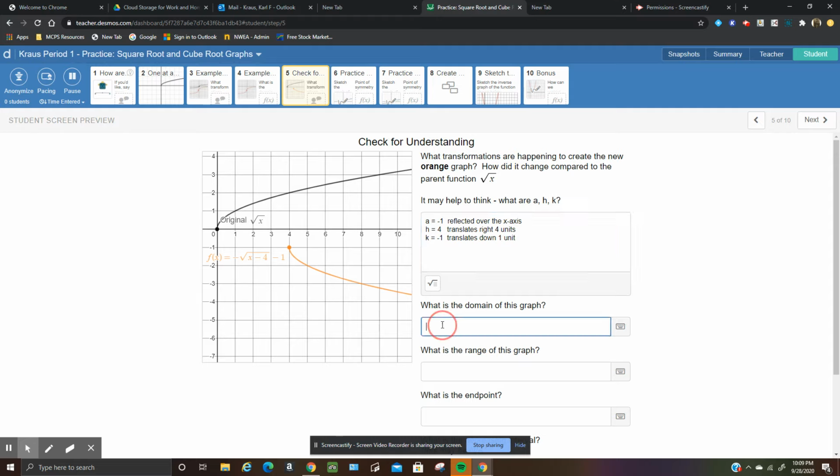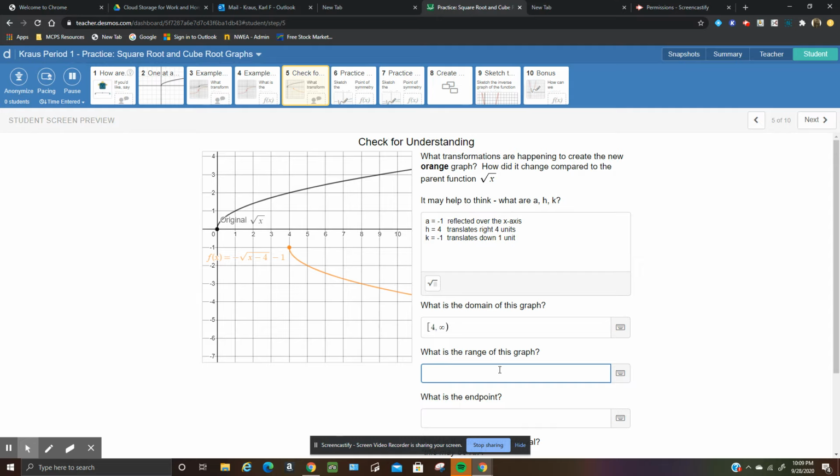So what's the domain of the graph? The first x value I see going from left to right is a 4. It includes 4, so I'm going to do the square bracket 4, comma, infinity. Close the parentheses there. Oops, I want a bracket around the 4. It includes 4.